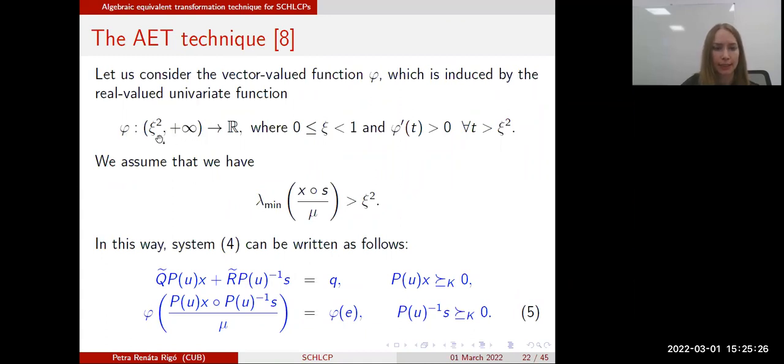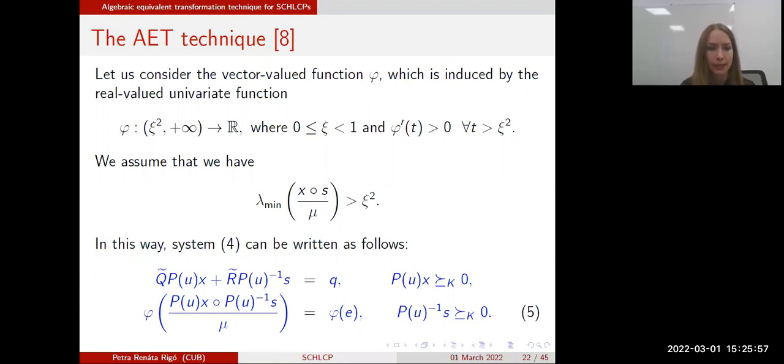So here we can see why we needed that psi square at the beginning of the presentation. This psi should be between 0 and 1 with these properties, and we will assume that the smallest eigenvalues of this is larger than psi squared. This is technical. It is due to the specific search direction that we will use in our algorithm. I will show it a little bit later.